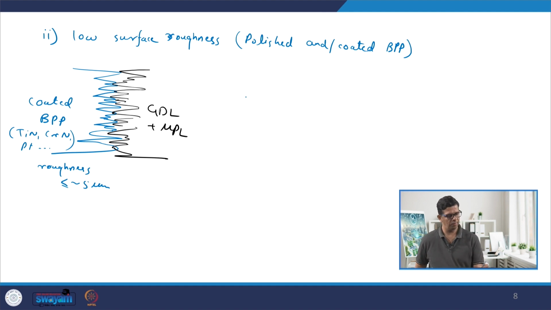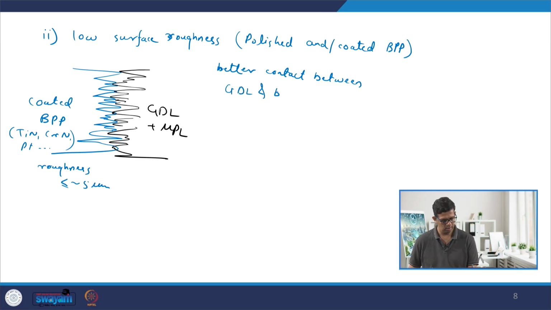Once we have very low roughness with respect to the diffusion layer as well as the bipolar plate, we have better contact between the GDL and bipolar plate. So, where does this lead to?